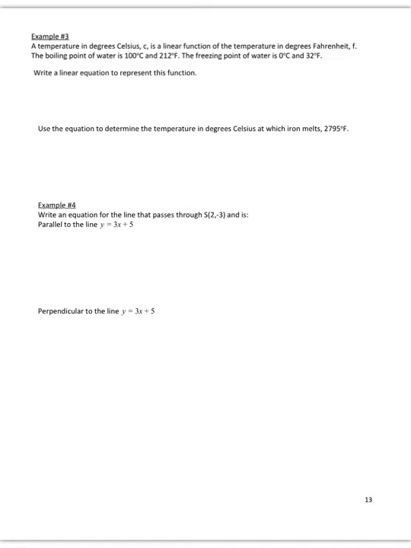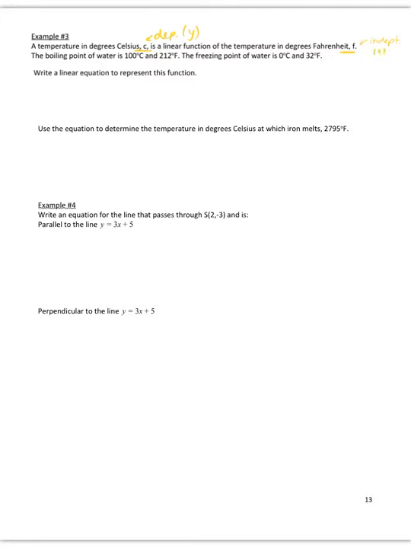Because the temperature in degrees Celsius, C, is a linear function of the temperature in degrees Fahrenheit, F, this says that F is the independent variable. It is what C is dependent on. So C is the dependent variable, acting as y, and Fahrenheit is acting as x.